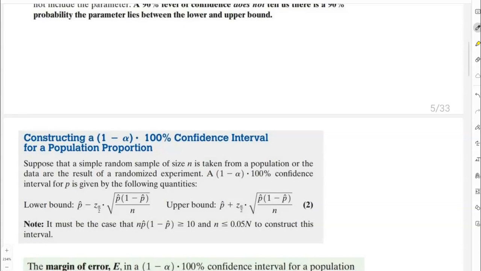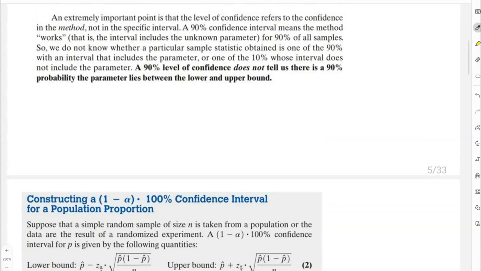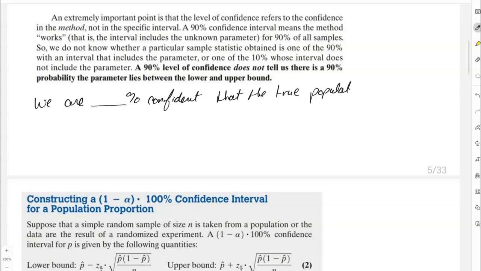So if we wanted to look at a blanket statement for estimating a population confidence interval, we would say we are some kind of percent confident that the true population, and in this class we're going to talk about the mean or the proportion, so you would choose the one that you're talking about, is between, and this is going to be your lower bound, and this is going to be your upper bound.